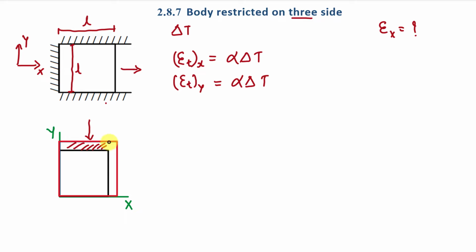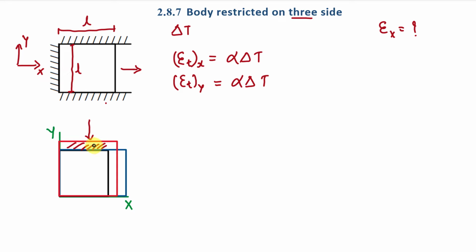So if we apply this compressive load, then dimension of this body is going to be decreased in this direction like this. Fine. And if dimension in y direction decreases, then we know that dimension in x direction is going to be increased. So it will be like this. Fine.